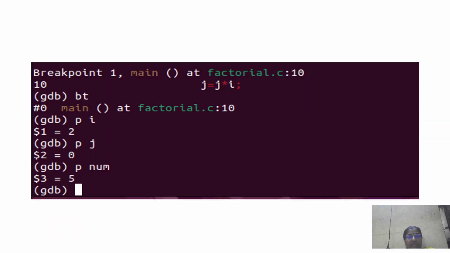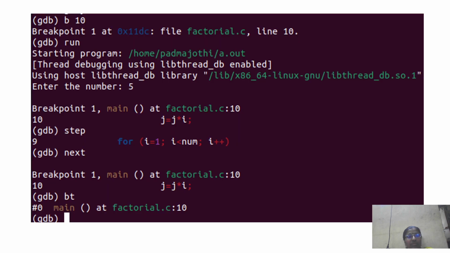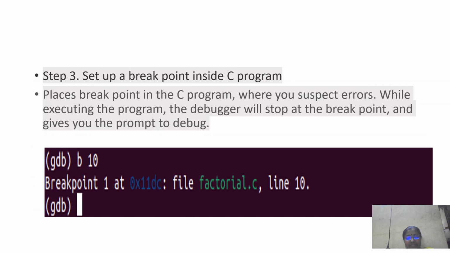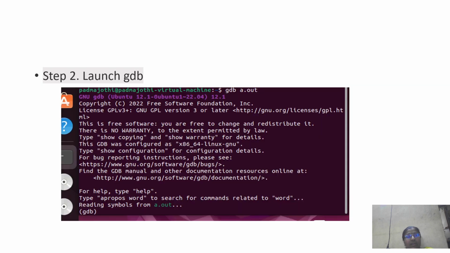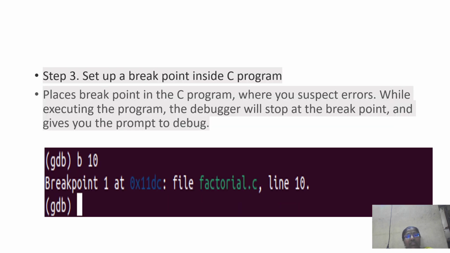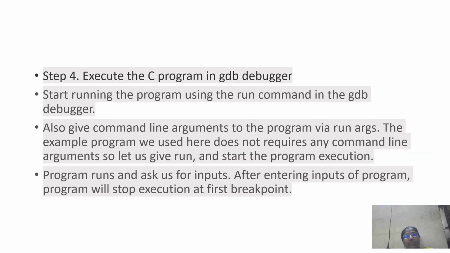So this is how you debug code using the GDB debugger in Linux. What are the steps? You compile the C program with the -g option. This allows the compiler to add debug parameters to the generated binary file. Then launch the GDB session, set up breakpoints, and execute the C program.